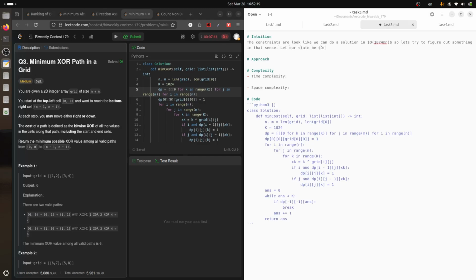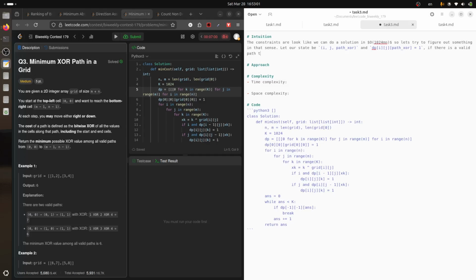Let our state be ij path XOR, or XOR of path, and dp ij path XOR equals 1 if there is a valid path ending in cell ij with XOR path XOR.